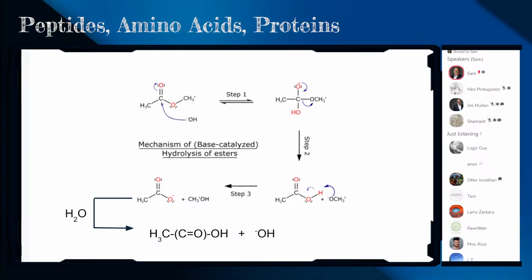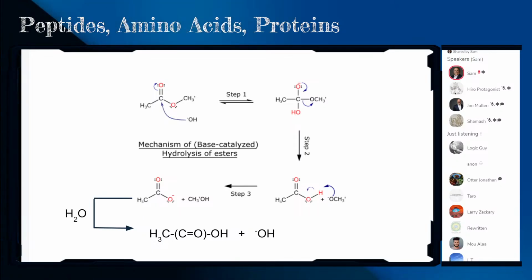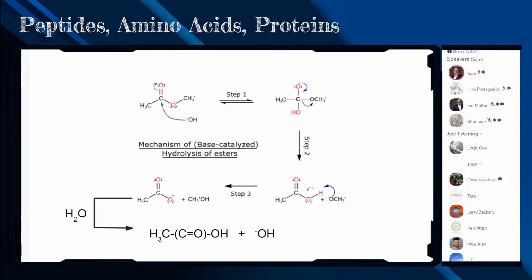So now we see that OH minus starts out as OH minus in the reaction and comes out as OH minus. One OH minus goes in, one OH minus comes out. OH minus is not consumed in this reaction, and therefore it's a catalyst for this reaction.